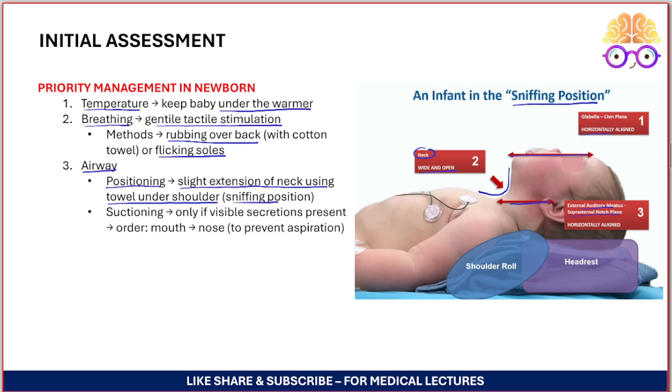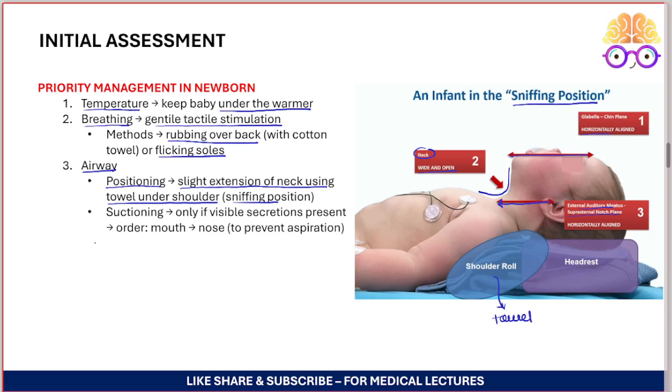You can see over here that it is horizontally aligned, and we keep the towel under the shoulder, and then we have the headrest. So this is the sniffing position, which is done to achieve the opening of the airway.